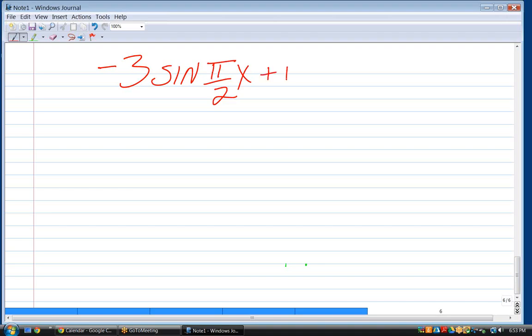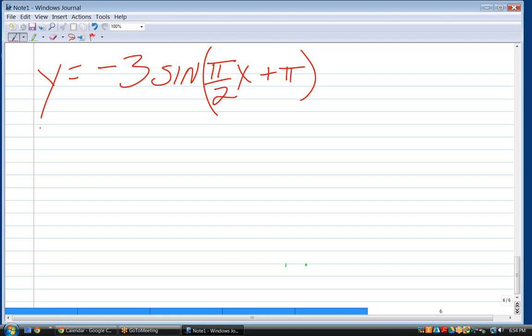Where's the parentheses? Is the first parenthesis before or after pi over 2? That's important, because that affects the phase shift. Okay, so we have y equals that.